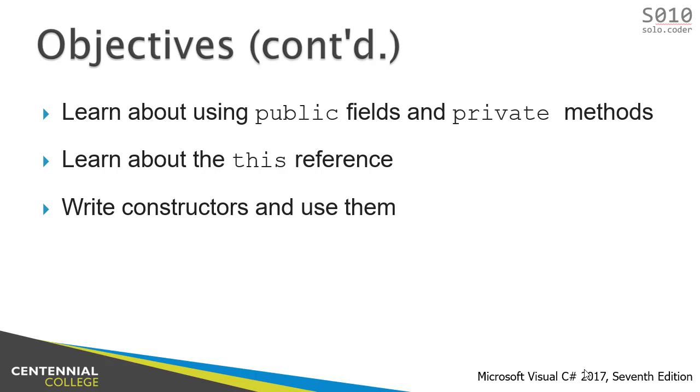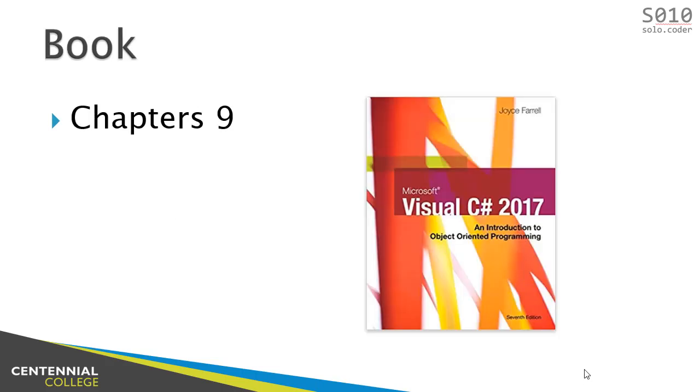Those are access modifiers that we can have for classes, for methods, for properties, for fields. What we're going to be talking about today in this segment is chapter 9 of the book. Okay?